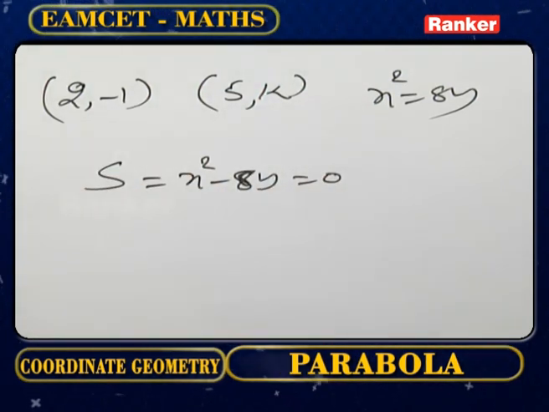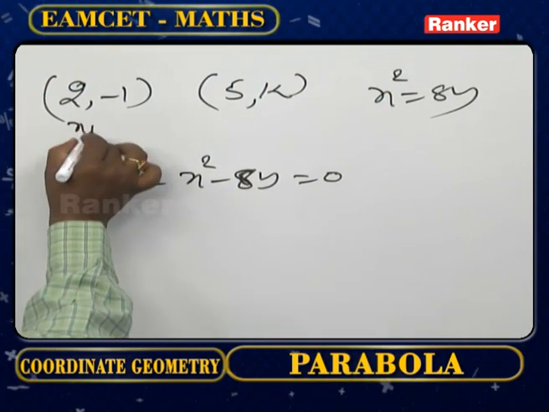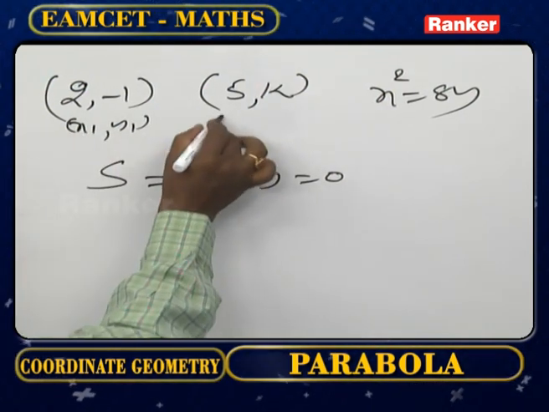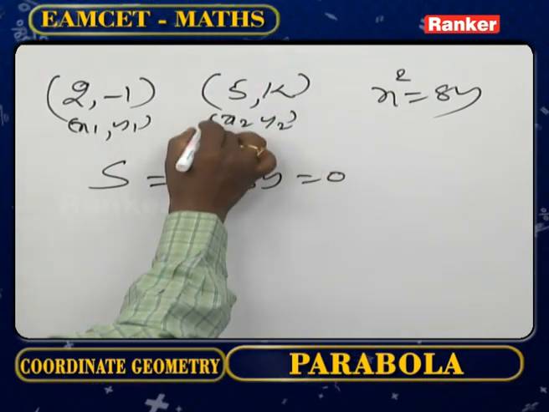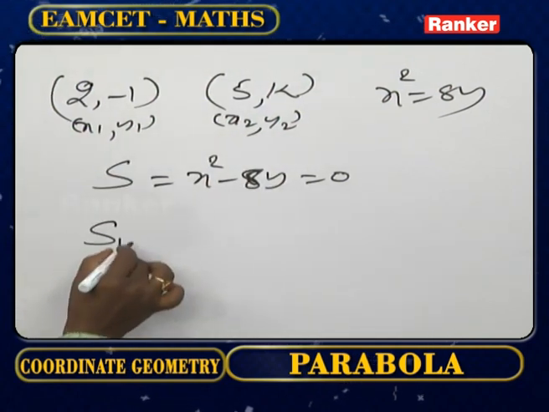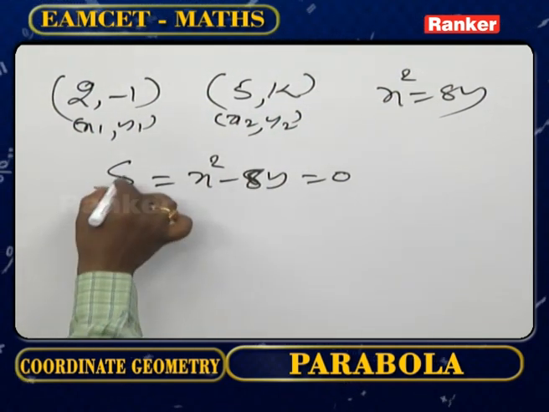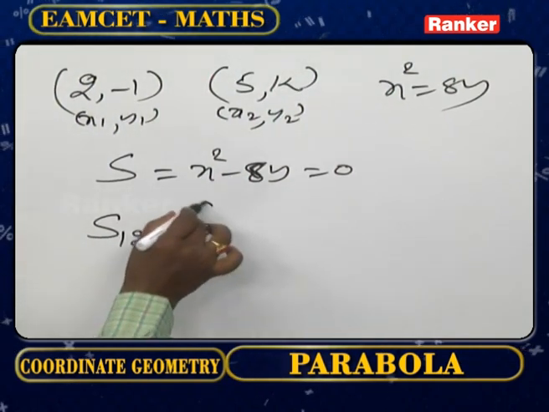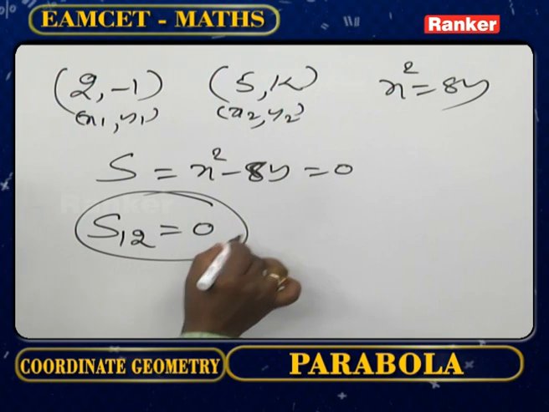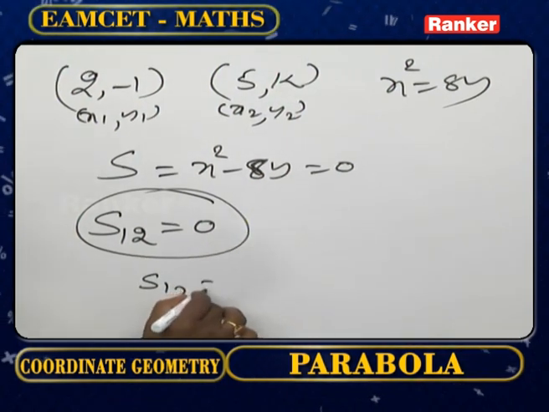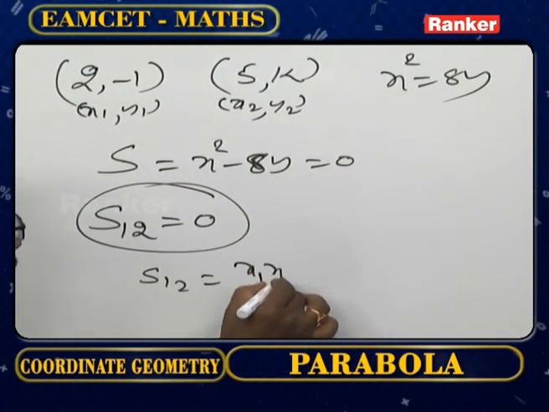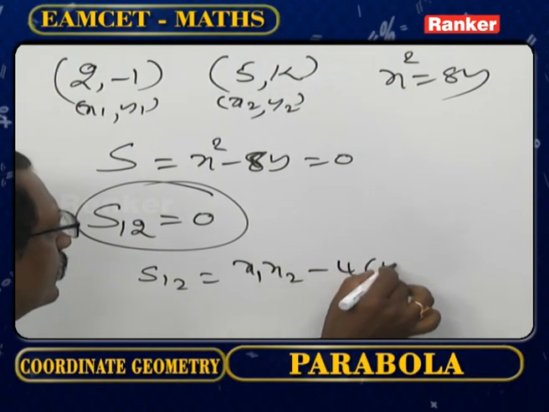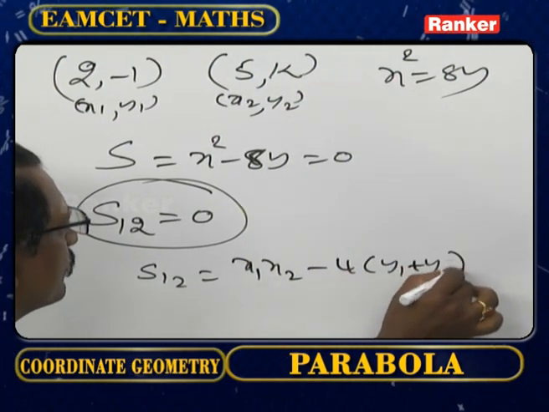Now, two points are conjugate points. Suppose the points (x1, y1) and (x2, y2) are conjugate points with respect to the parabola S equals 0, then the condition is S12 equals 0. But S12 is nothing but x1 x2 minus 4 into (y1 plus y2) equals 0.